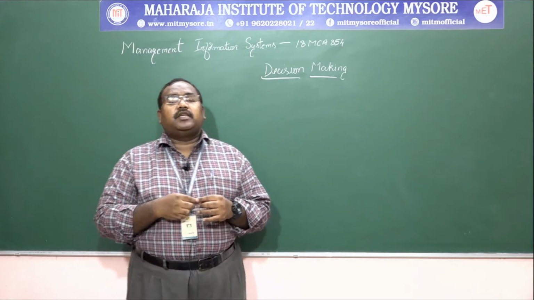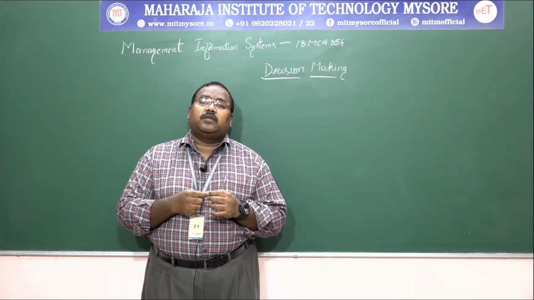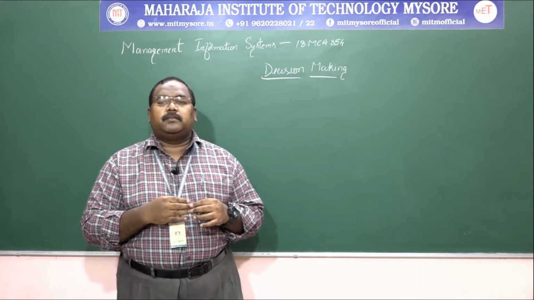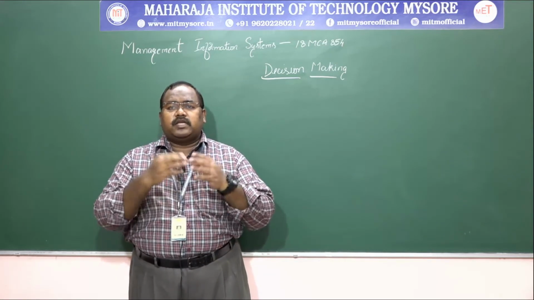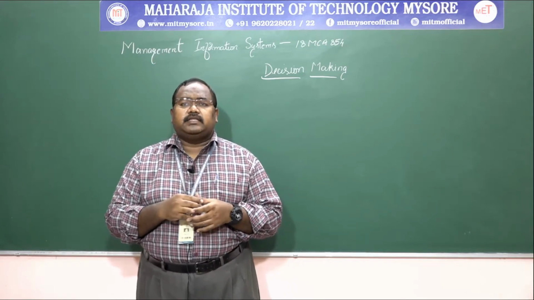And secondly, we have seen MIS and the decision making process, where we saw the concepts of the Herbert Simon model and how it supports decision making. We also saw three concepts in a broad sense: information, knowledge, and business intelligence.